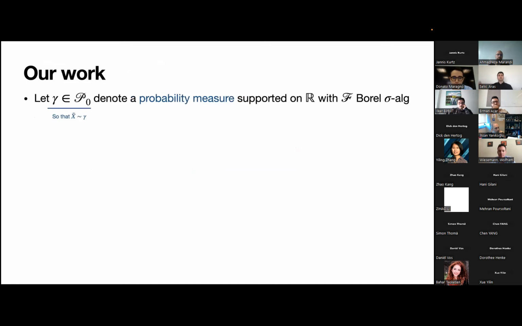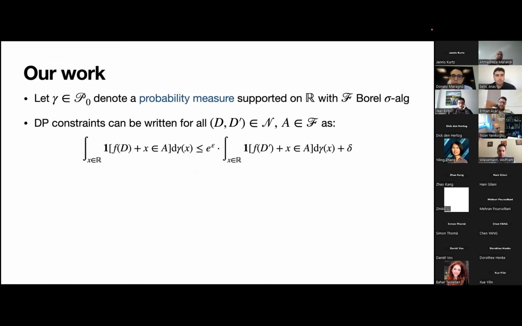So our work starts with representing the distribution of x tilde by some gamma, which is a probability measure. And the differential privacy constraints can be written by this integral-based inequality.